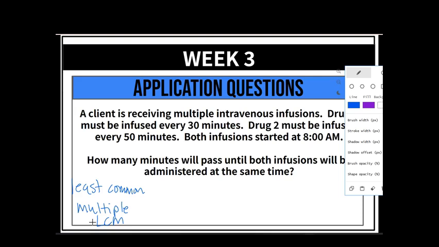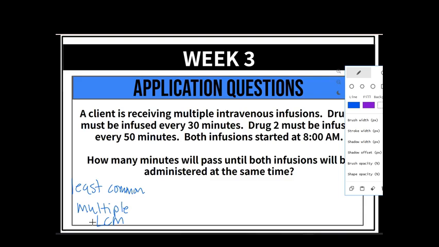And since we have two drugs going here, we want to make a list of the multiples at every interval where a drug is infused. So let's start with the one that is going every 30 minutes.